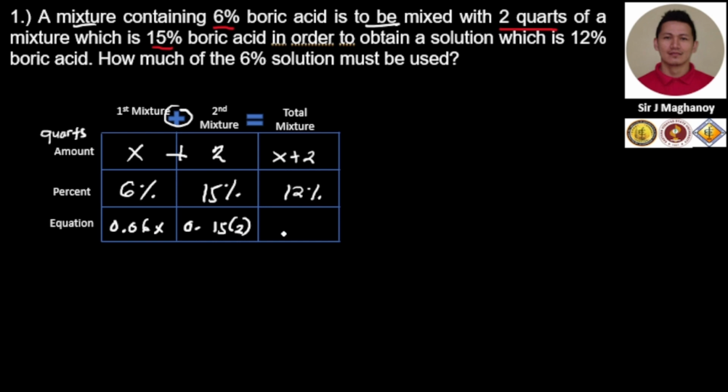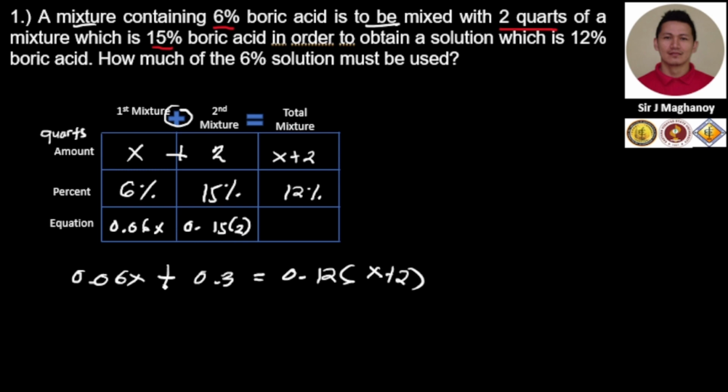Finally, we can formulate our equation from our table: 0.06x plus 0.15 times 2, that is 0.3, equal to 12%. Convert it into decimal, then times x plus 2.